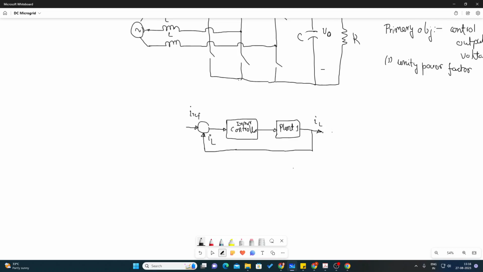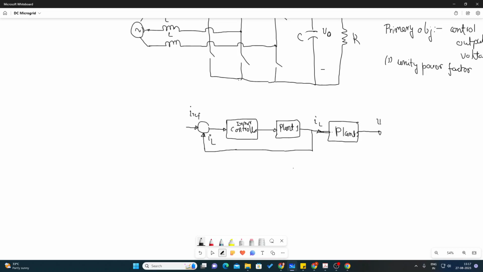This is the current, and then we have the other portion, which is plant 2. So these are basically the transfer functions. You have to derive them from the dynamics of the system, the system model.